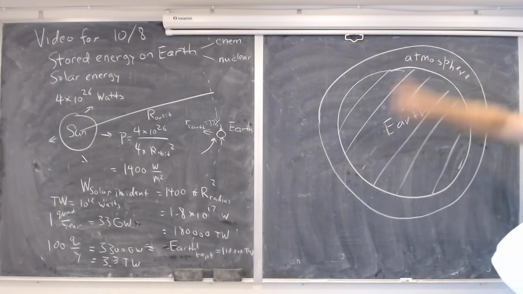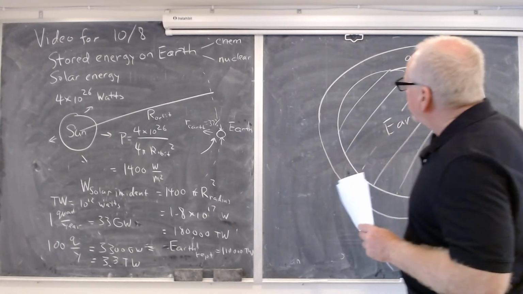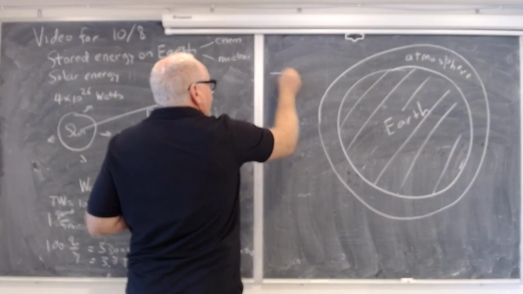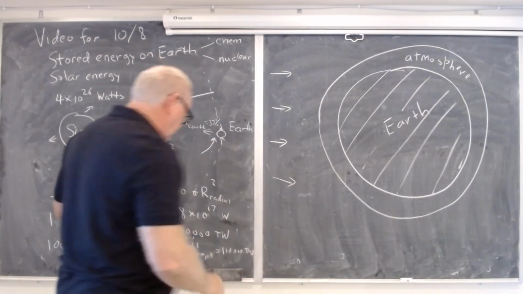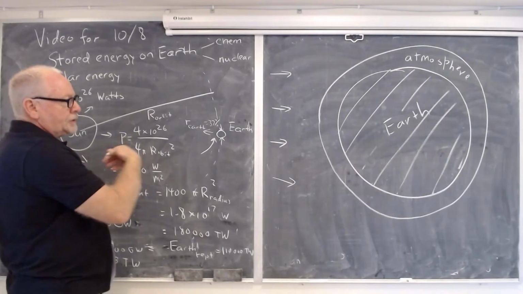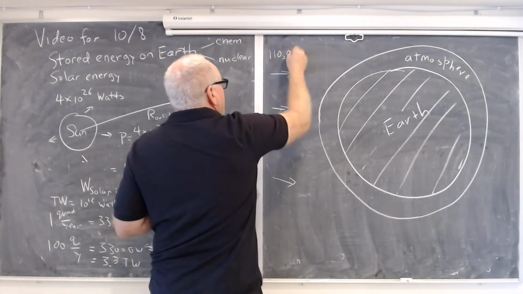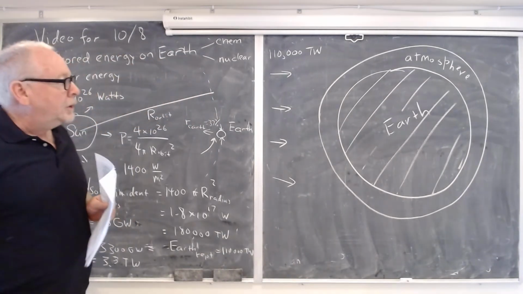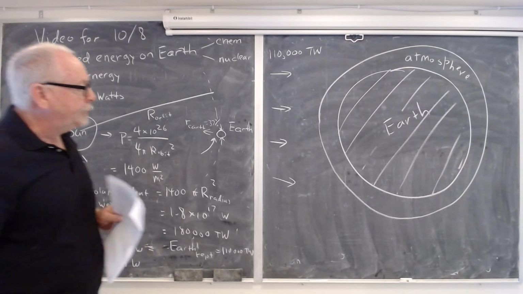And that little envelope is our atmosphere. All right, and so basically, if you subtract off the 37% that's reflected, we have 110,000 terawatts of solar energy incident or captured by the Earth continuously.